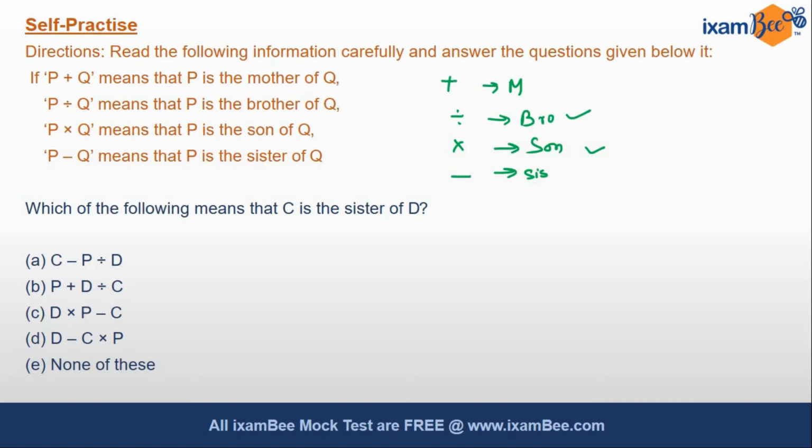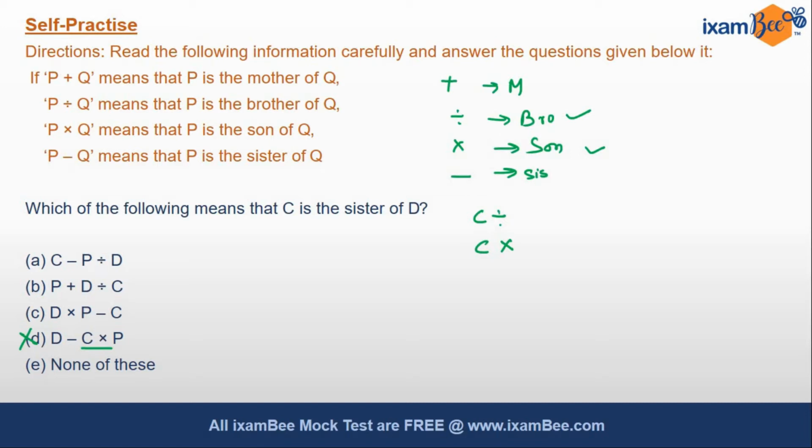So all those options which have C followed by division sign or C followed by cross sign would be eliminated here. Option D will be eliminated since it says C cross, that means C is the son, so it's not possible. Rest of the options we'll quickly see.